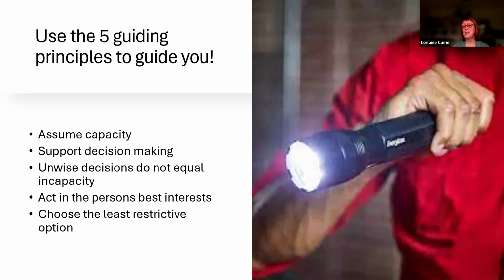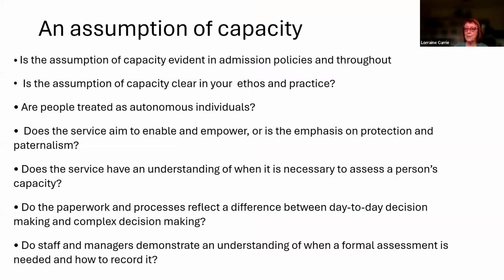If we start by assuming they can make their own decisions, we support them in that. We recognise that sometimes they might be unwise. We always act in the person's best interest, and we always choose the least restrictive option. Everything should be great, really, if we're using those 5 guiding principles to guide us in the work that we do. And in this session, guide us when we're writing policies and procedures.